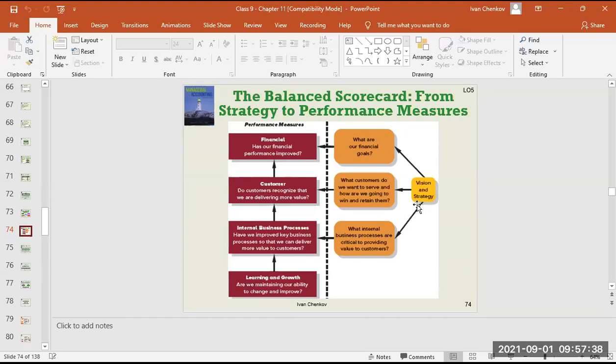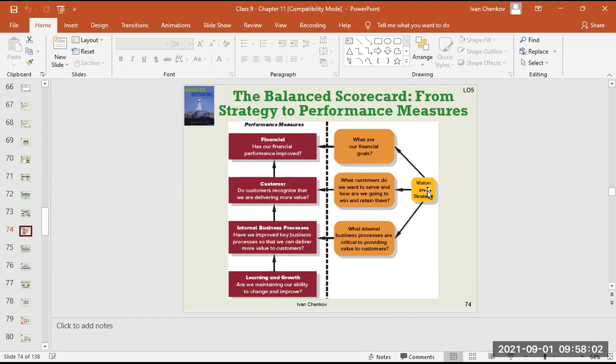Customers. The customer perspective is not numerical. It's more of a customer satisfaction measure or qualitative characteristic rather than quantitative. Does the customer recognize the value of our product? What does the customer do? What kind of customer do we want to have?